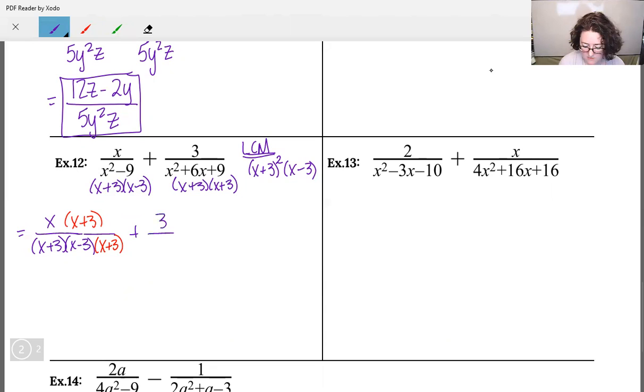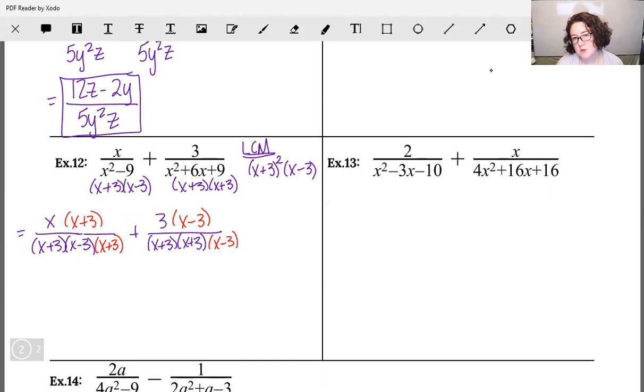We had a 3 over our factored version, x plus 3, x plus 3. The only thing we're missing is the x minus 3 to make it a common denominator. So x minus 3 and x minus 3. So now that we multiplied in our extra factor that we were missing, numerator and denominator, now we're ready to start combining.